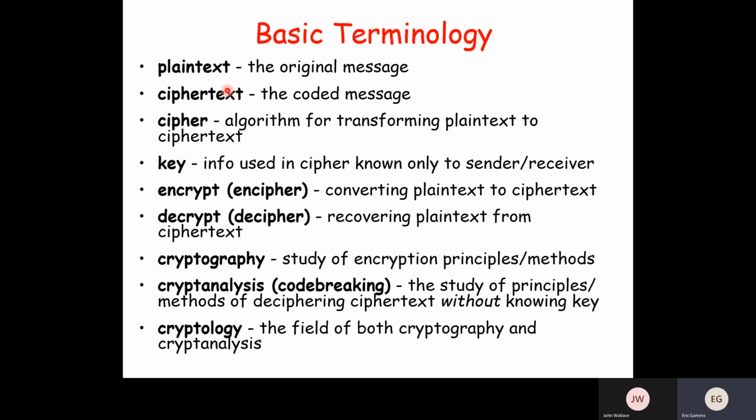So what is the plain text? The plain text is the original text, for example, a text in English or a file that you want to transfer. This is the information that I want to send across an insecure network. So I cannot send it in plain text because if I send it in plain text, the hacker or Trudy will get a copy. What is the ciphertext?